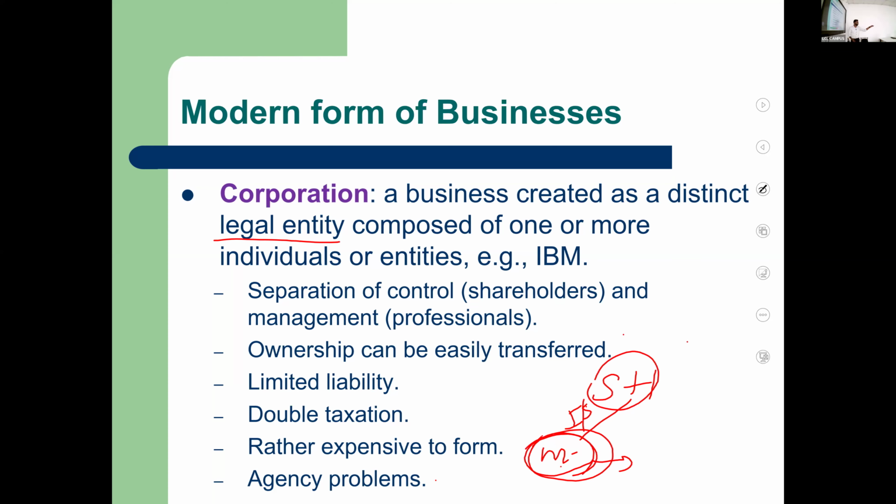Managers act on their own interest, but shareholders need profit. Now there's a conflict, no? They both are not in the same line, right? So that's the thing. In audit, I think you will learn this agency problem in detail, right?